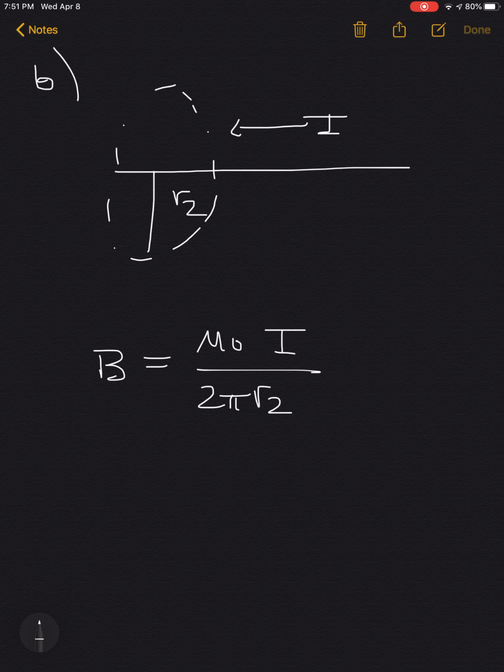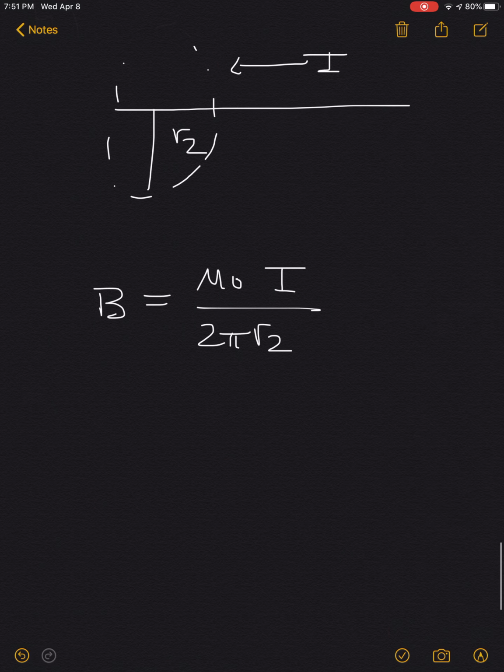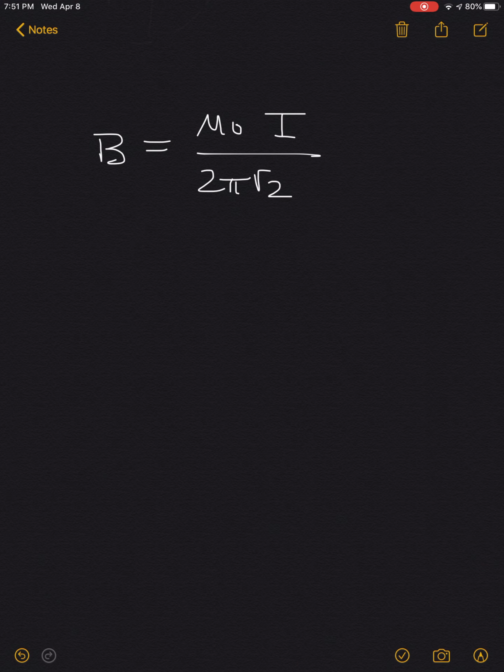So if you had to draw a function of that thing, it looks something like this.